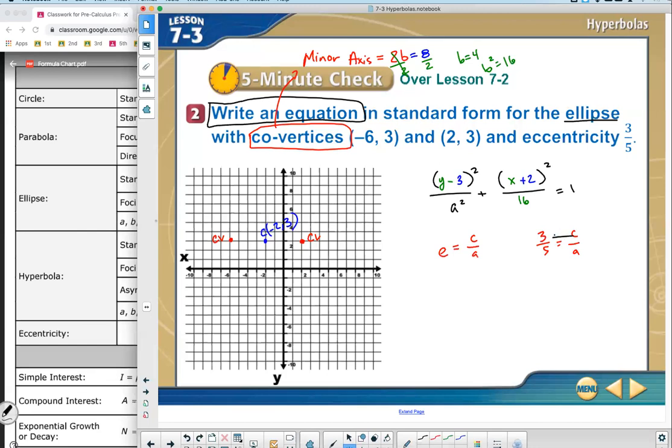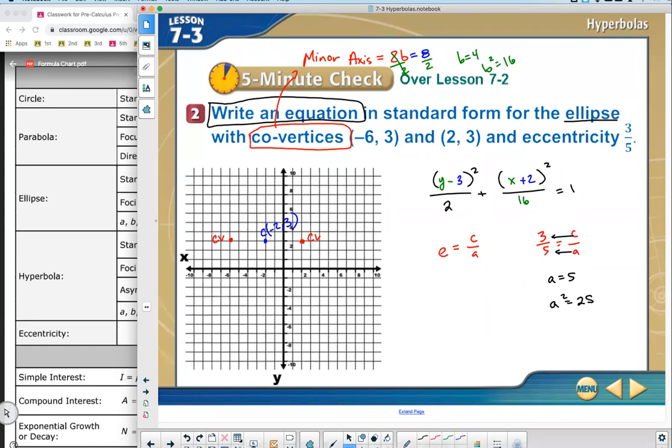That means my c is 3, my a is 5. For our problem, we only need a. So if a is 5, a squared would be 25. And so I've now plugged this in right here.